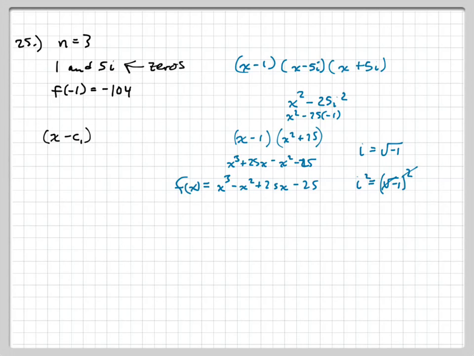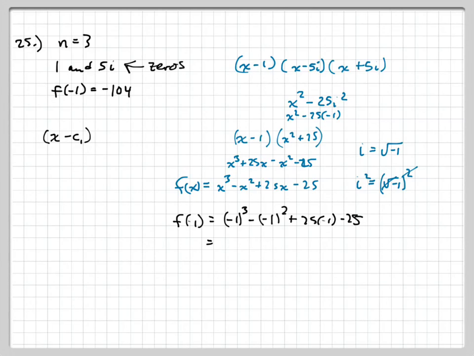But is this function correct? I don't know yet. What I would have to do is plug in negative 1 to see if I get negative 104. So let's try it. We have f of negative 1. When I plug in negative 1, this would be negative 1 to the third, minus negative 1 squared, plus 25 times negative 1, and then finally minus 25.